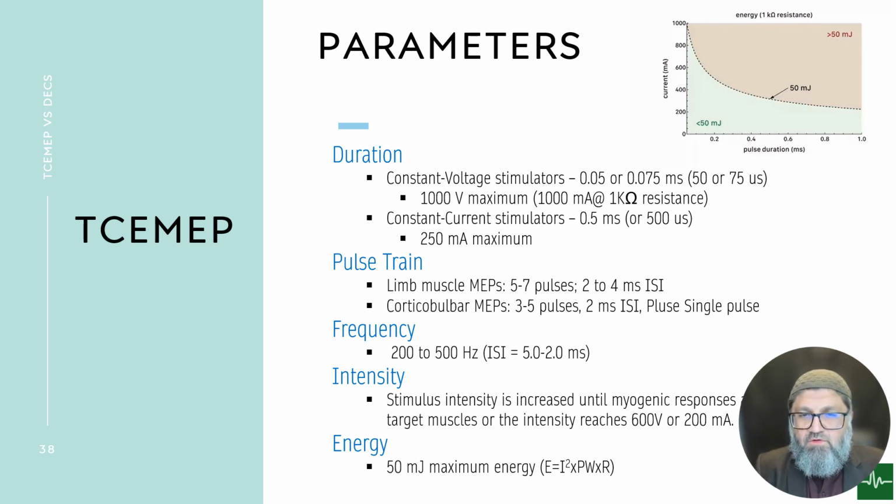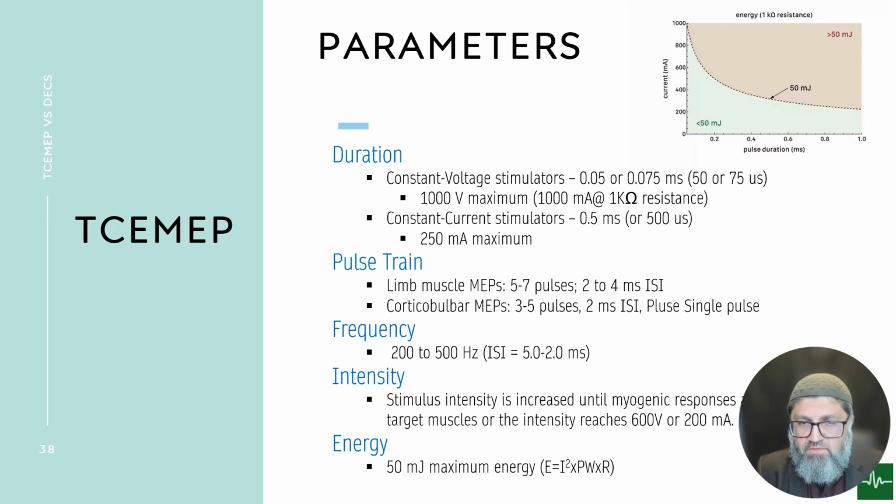If you're doing constant voltage stimulation, the only two options you have for pulse width are either 0.05 millisecond, which is 50 microsecond, or 0.075 millisecond, which is 75 microsecond, and you can stimulate a maximum of 100 volts. With the constant current stimulator, you need a longer pulse width, 0.5 millisecond or 500 microsecond, and you can stimulate up to 200 or 250 milliampere.